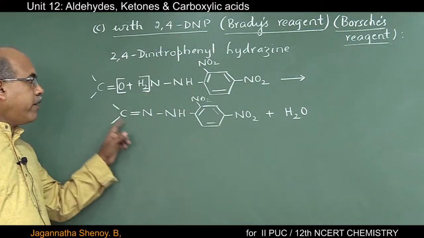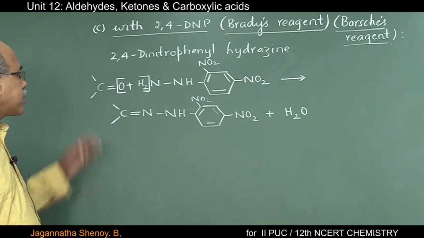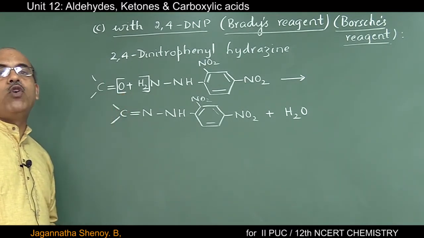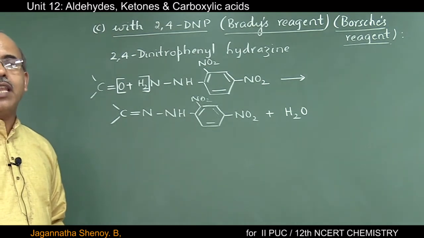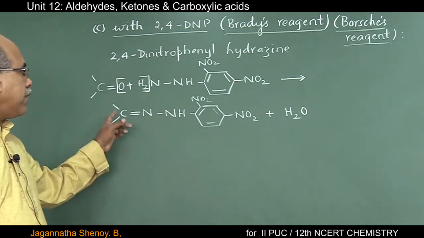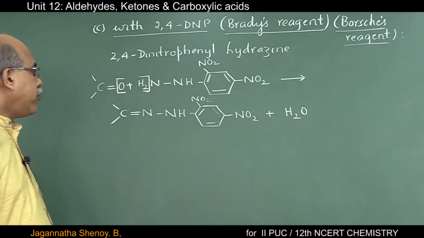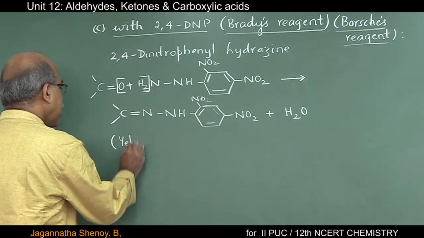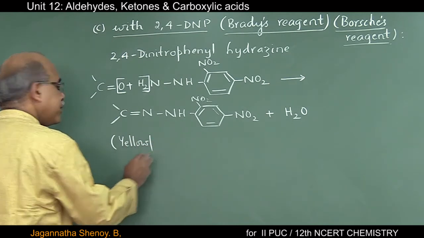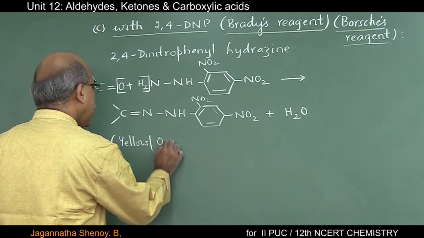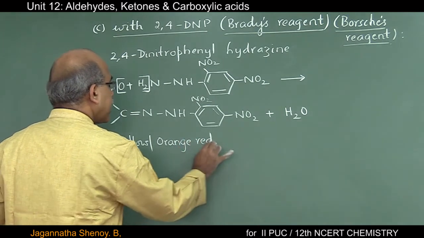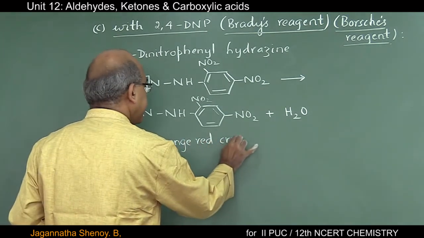Now whatever product is obtained is called aldehyde or ketone 2,4-dinitrophenylhydrazone. Now this 2,4-dinitrophenylhydrazone product will either be yellow in color, or it has to be an orange red crystalline precipitate.